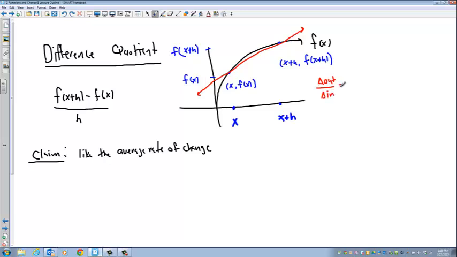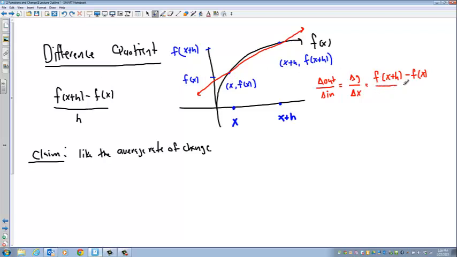If you want to be a bit fancy, you could say, delta y, delta means change in, y means output, over delta x. And what you would do is you'd find the change in the outputs, which is just the difference between these two heights. So you would take f of x plus h minus f of x, which looks like the same thing we have in our numerator right here.